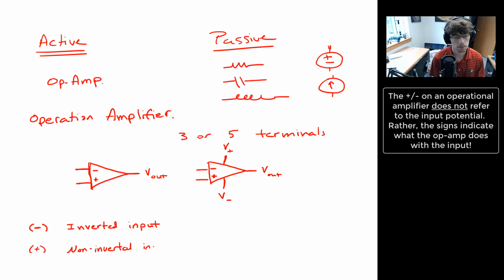We'll see why those names come in as we work some more examples and start delving into the function of the operational amplifier. I do tend to think about the inverting input as being, for lack of a better term, the negative feedback. And since I'm just negating it, this one would be the positive feedback.